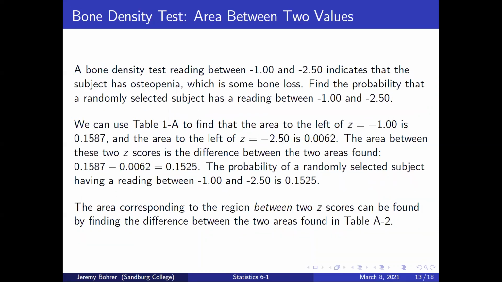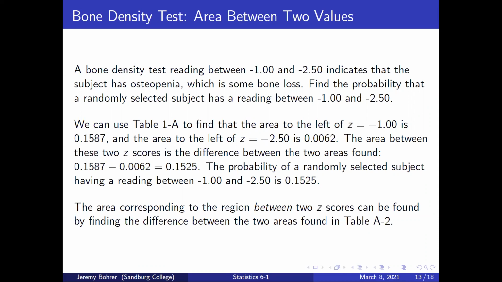A bone density test reading between -1 and -2.5 indicates that the subject has osteopenia, which is some bone loss. Find the probability that a randomly selected subject has a reading between -1 and -2.5. We can use table A2 to find that the area to the left of z equals -1 is 0.1587, and the area to the left of z equals -2.5 is 0.0062.